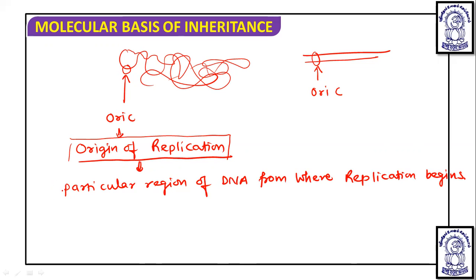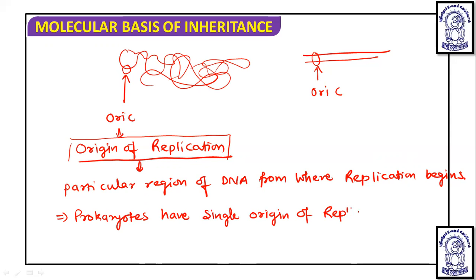And if we talk about this in case of prokaryotes, then prokaryotes have a single origin of replication, and it is called ORIC in E. coli.